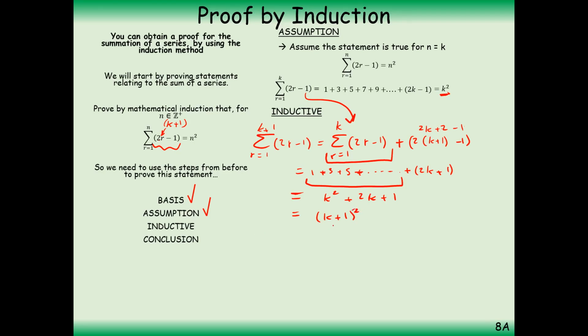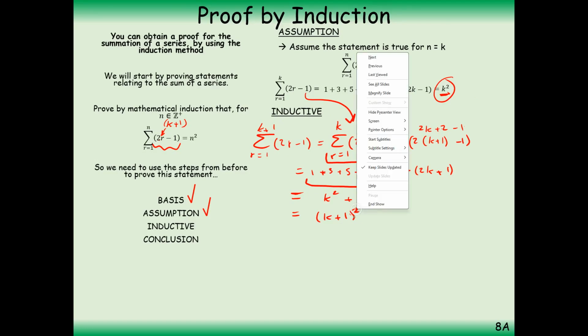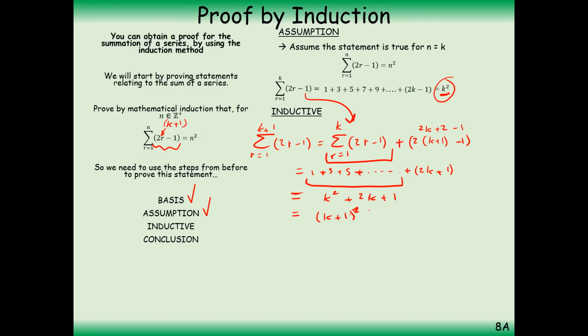So I'm just going to write k plus 1 squared. And that's it. We had k squared in the inductive hypothesis, and now when we added one extra term, we ended up with the same form, n squared, but with k plus 1 squared as the result of that summation.